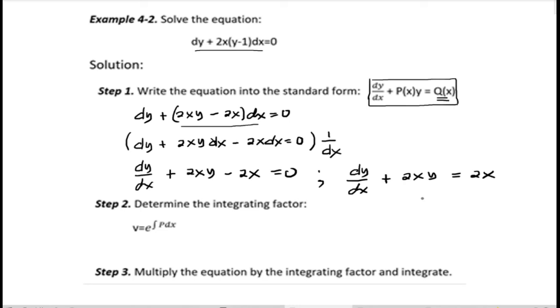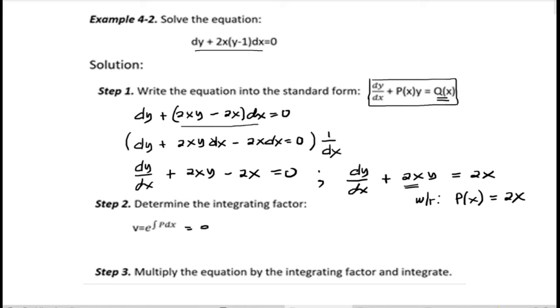In this standard form, we can now identify our value for the function P(x), and that is equivalent to 2x. With this value for P(x), we can now determine our value for v. V here is equal to e raised to the integral of P dx.